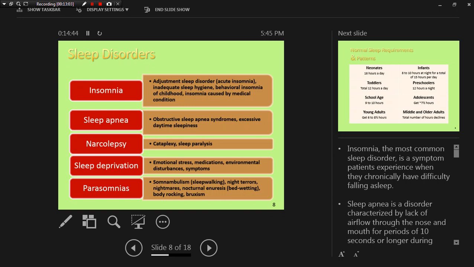And then parasomnias usually occur in children, but if they start to occur in adults, we might look for an underlying pathologic or mental psychological component. So sleepwalking, night terrors, bedwetting at night, bruxism, which is, I think, grinding their teeth. A lot of those things can happen in children, and they tend to outgrow them.